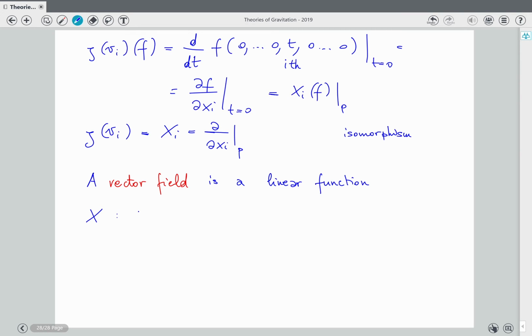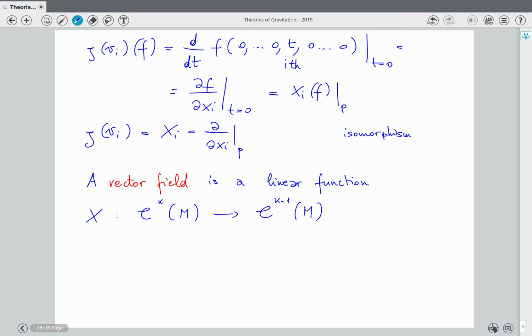A linear function x from the space of k times differentiable functions defined on the manifold, f, M, to the space of k minus 1 times differentiable functions defined on a manifold M.